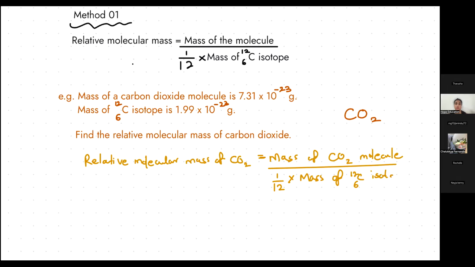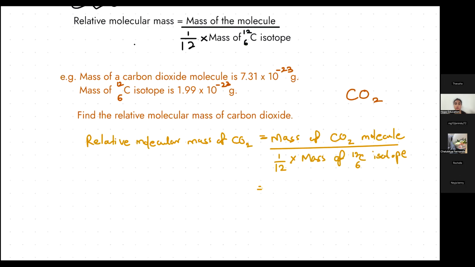Now we'll substitute. Carbon dioxide molecule has a mass of 7.31 into 10 to the power minus 23 grams, divided by 1/12 of the mass of a carbon-12 isotope, which is 1.99 into 10 to the power minus 23 grams.